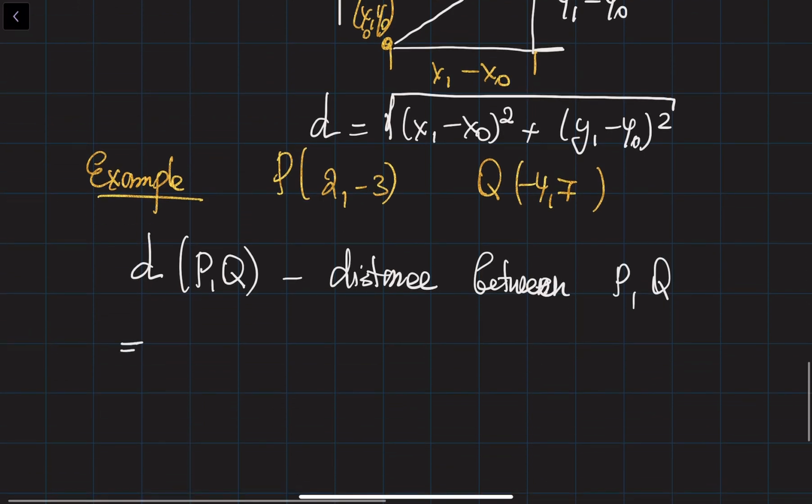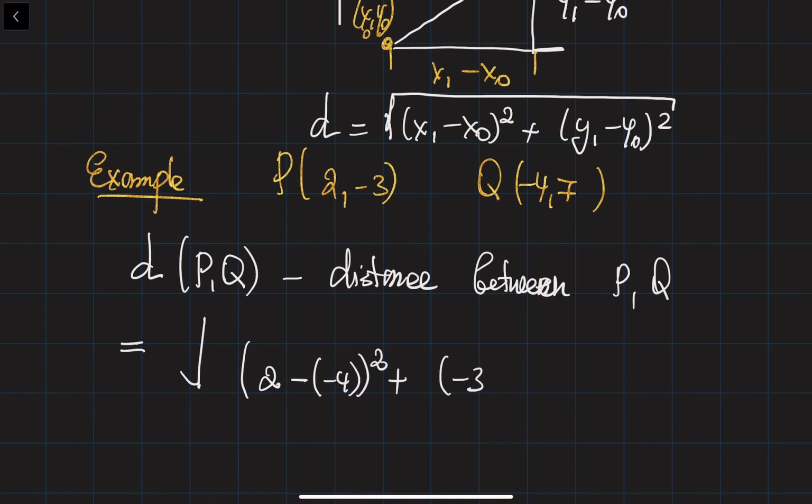It is going to be equal to the square root of, I need to subtract the x coordinates. It's going to be 2 minus 4 squared plus, then the subtraction of the y coordinates, minus 3 and 7. So this is going to be minus 3 minus 7 squared.